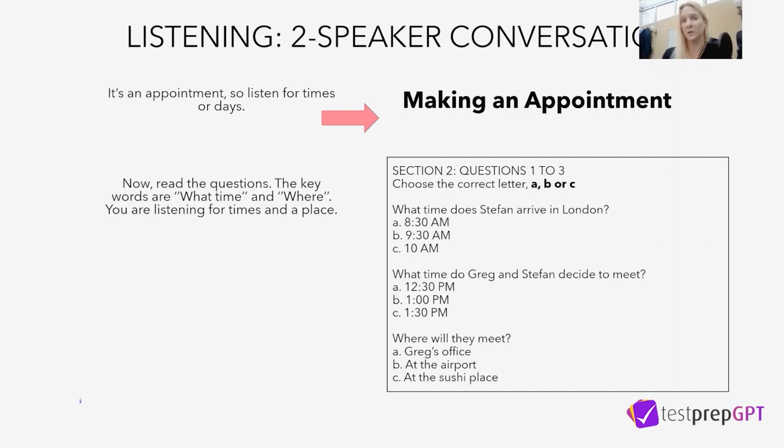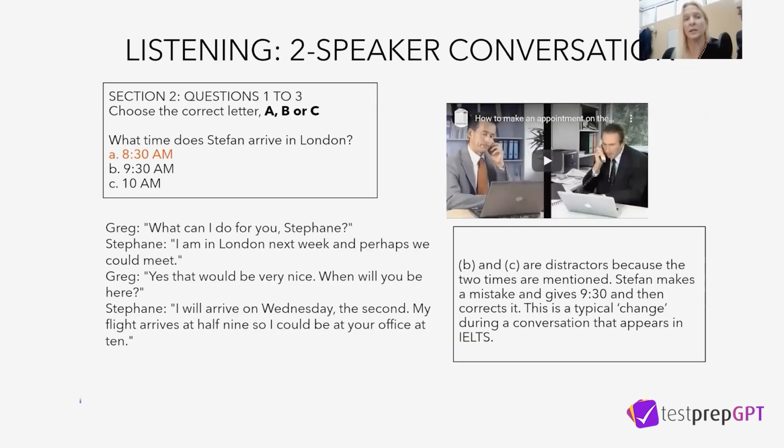And number 2, it's also a time. And then in question number 3, where will they meet? So the question word is where, so we're looking for a location. So time, and location.